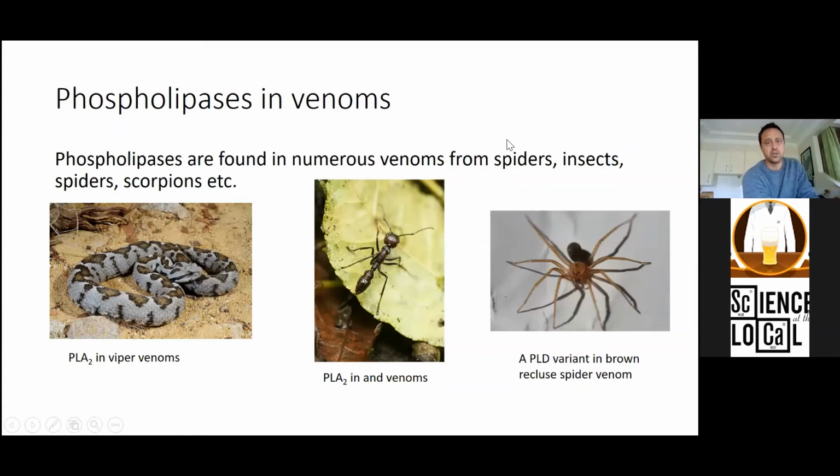And so we've got a tool now to look at how some of the actions of venoms might work. Now, in most venoms, there's a whole heap of toxins. It's not just phospholipases, okay? But if we want to know whether there are phospholipases in there, or if we want to try and get a fingerprint of these venoms by the amount of phospholipases in there, then perhaps we might have a tool to do that.